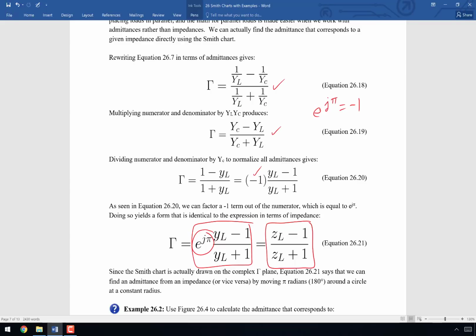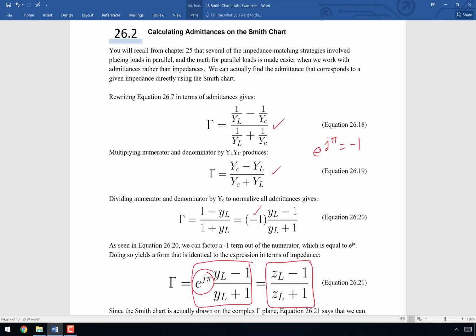Now e to the j pi is a phase factor that simply says do a 180-degree rotation. And so it turns out that if you wanted to find an admittance from an impedance, or vice versa, you move pi radians, or 180 degrees, around the circle at a constant radius. So that means that we can just find the opposite point on the Smith chart, and that's going to be the admittance.